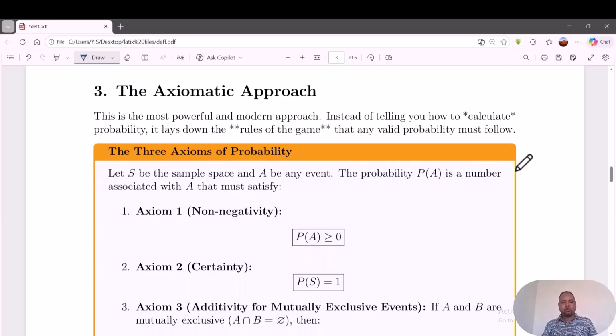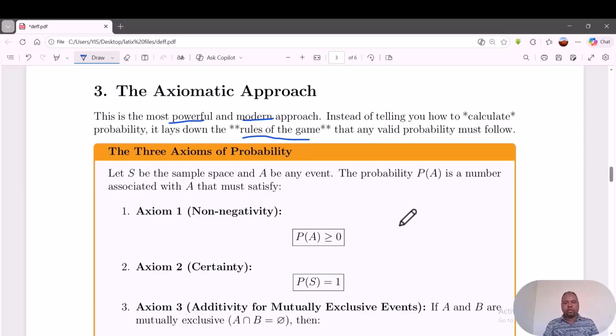This approach is the most powerful and modern approach. But instead of telling you how to calculate probability, it lays down the rules of the game, right? That any valid probability must follow, from which a number of ways of computing probability for different combinations of events can be derived.